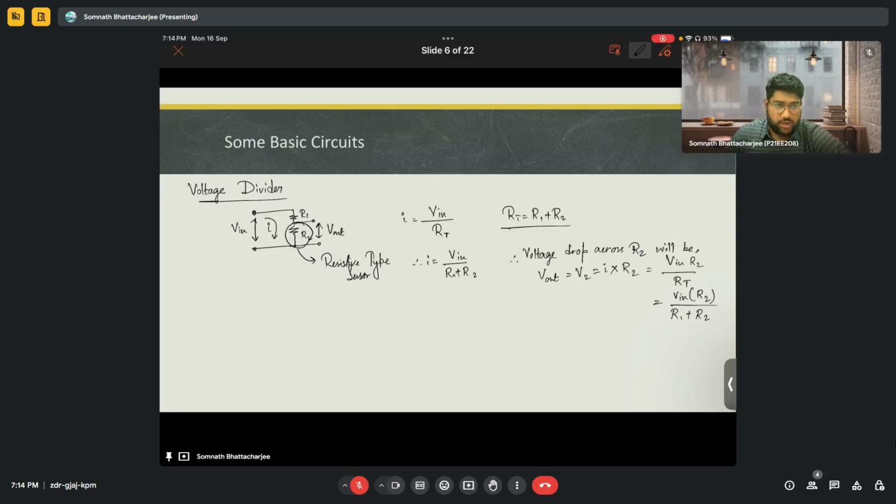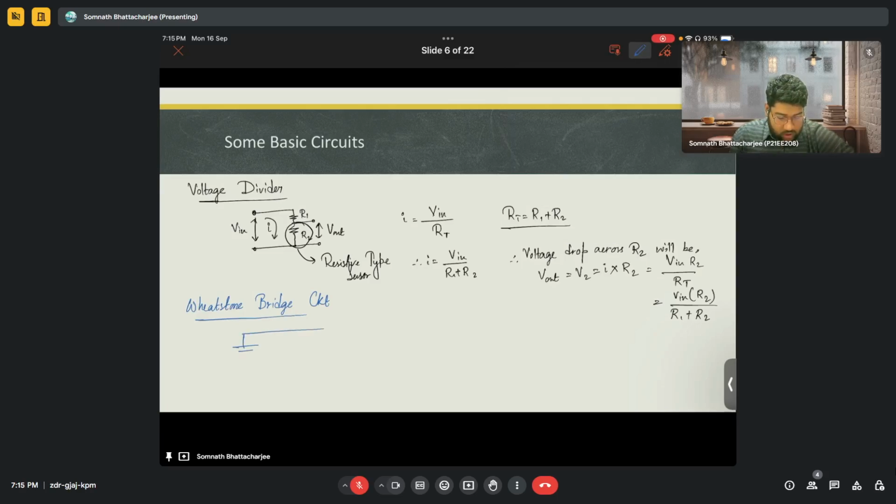So this is a basic voltage divider circuit, one of the most used circuits. And apart from this, there is another circuit which we need to know about, that is the Wheatstone bridge circuit. A Wheatstone bridge circuit is like this.